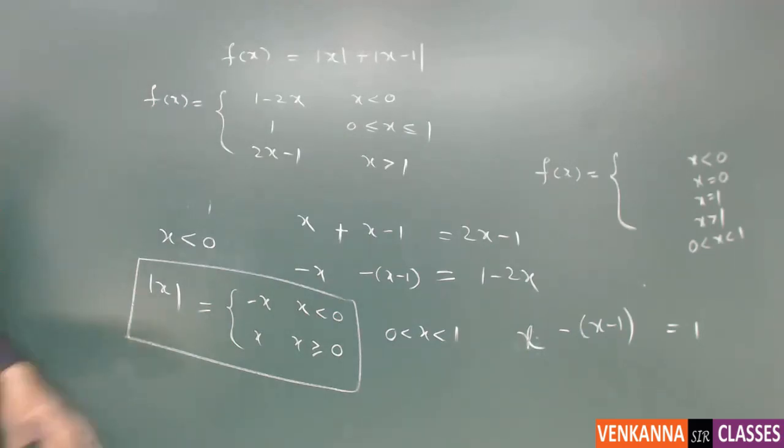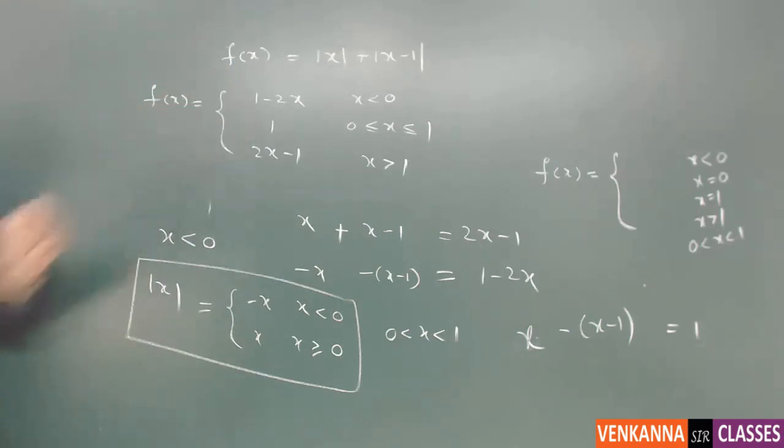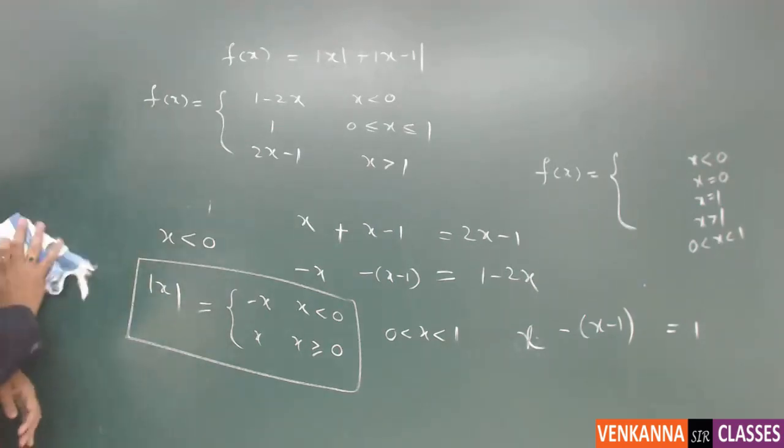So after consolidating the results of what we have done so far, this is our final output. Will you agree? So based on this, you are going to calculate the limit portions.